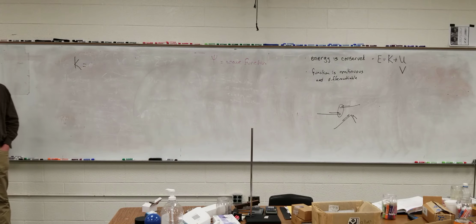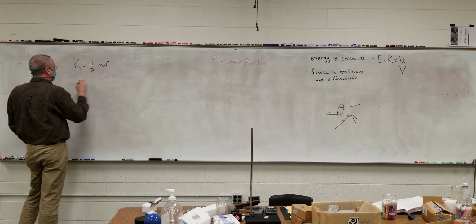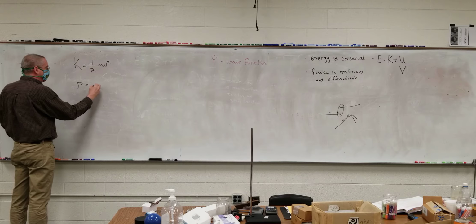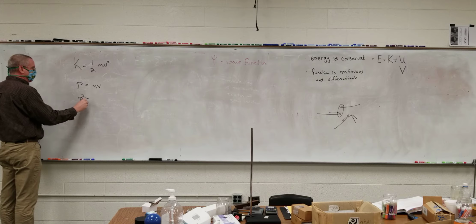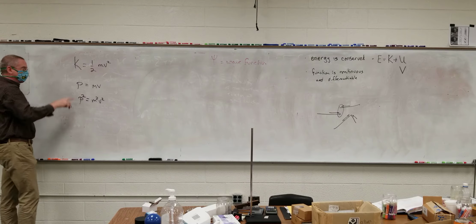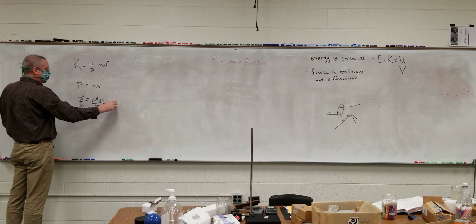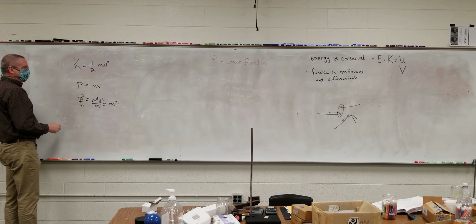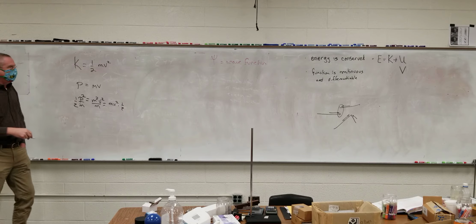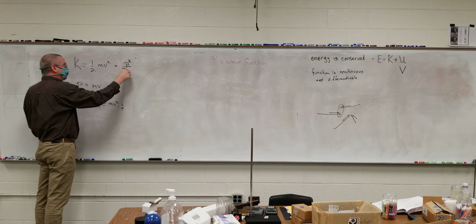All right. What's the formula for kinetic energy? One half mv squared. Formula for momentum? Mass times velocity. So if I square my momentum, I get m squared v squared, which I almost have right there. So if I divide by mass, I end up with mv squared, and then multiplying by one half, my kinetic energy can also be written as p squared over 2m.